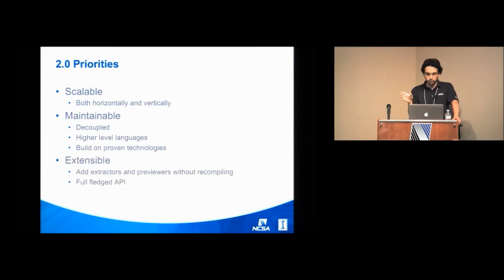2 is in progress. We're building it as part of several projects. The priorities have been for it to be scalable, maintainable, and extensible. We did some things in the first one to make that happen, but based on lessons learned, we're trying to really emphasize this. And so that extraction bus that I touched upon at the beginning was architected differently from what it was in version 1 to make it much more extensible and maintainable.